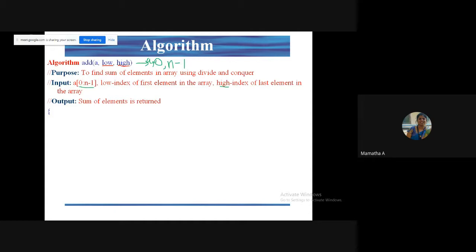One element. Okay, one element, correct, but I don't have any size parameter here to check. I have only the indices. Now just tell me the relationship between low and high if there is only one element in the array.